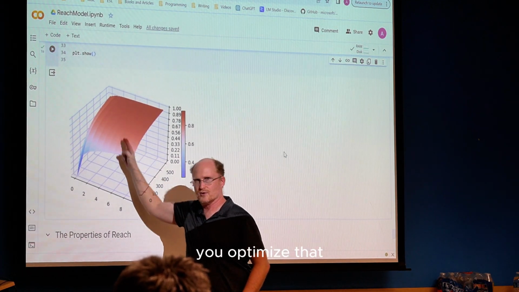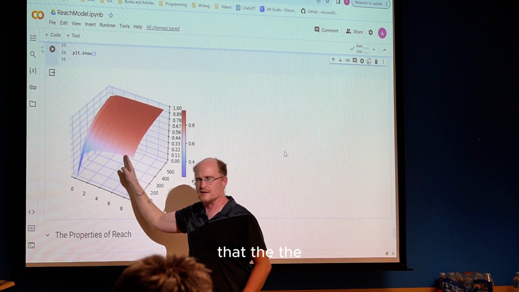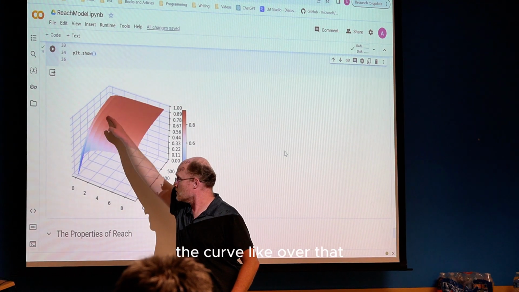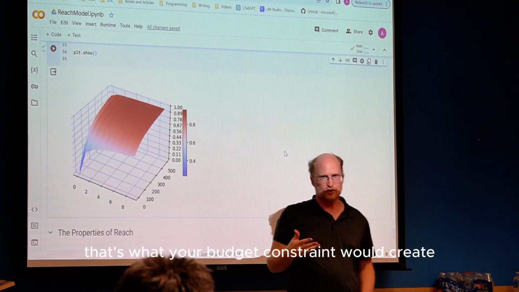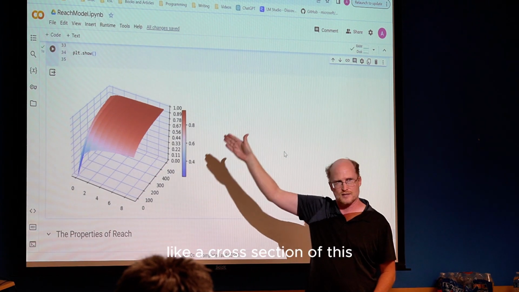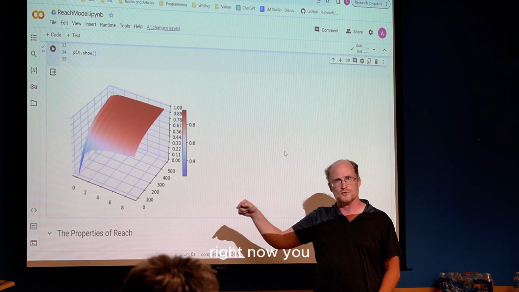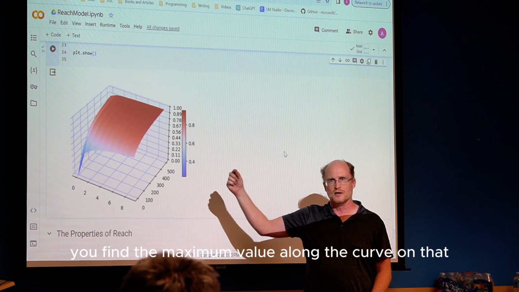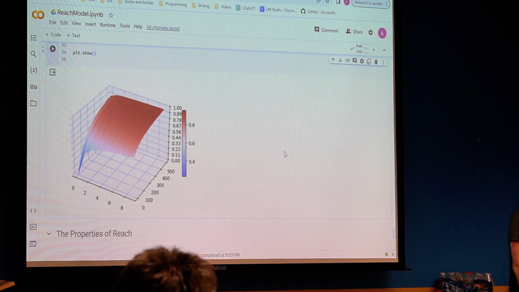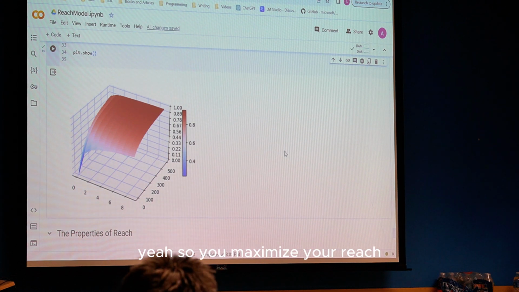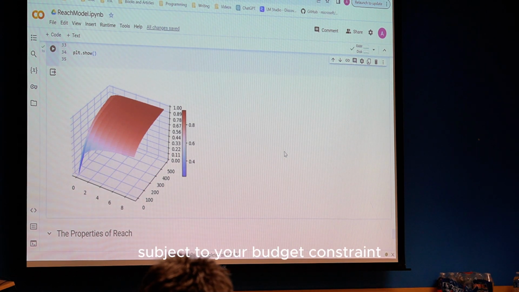So you optimize over that cross section of the curve, which is what your budget constraint would create. Then you find the maximum value along the curve on that cross section. Right, the highest point. So you maximize your reach subject to your budget constraint.